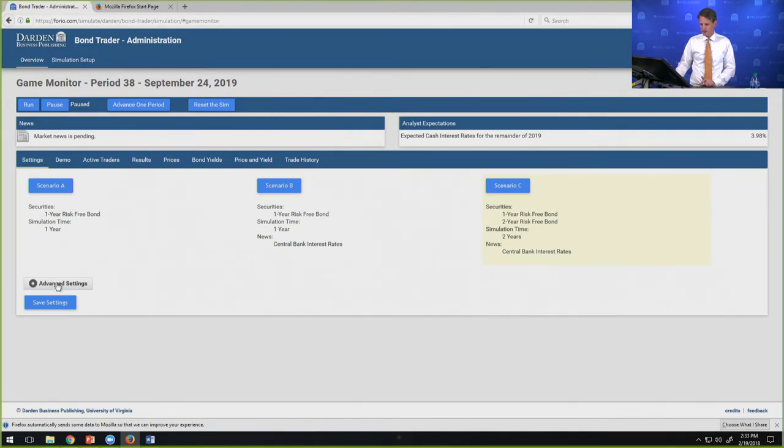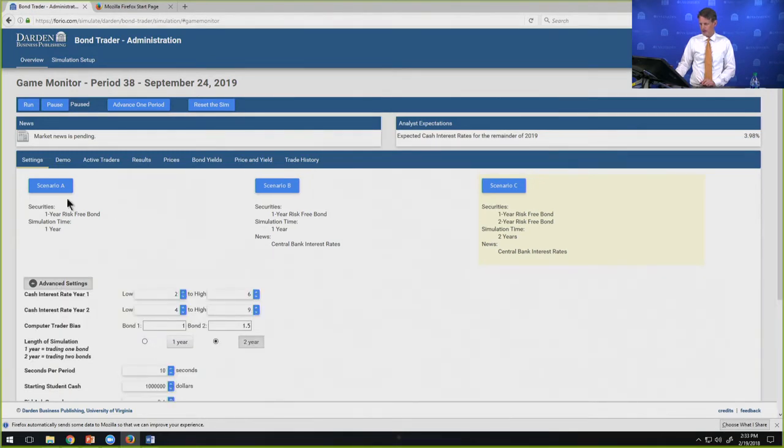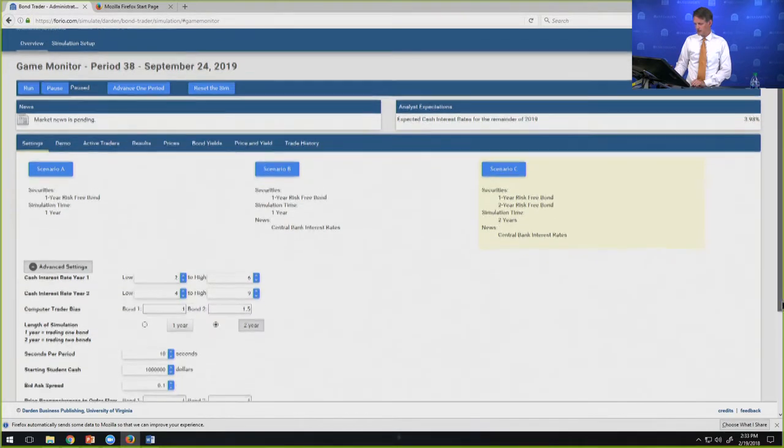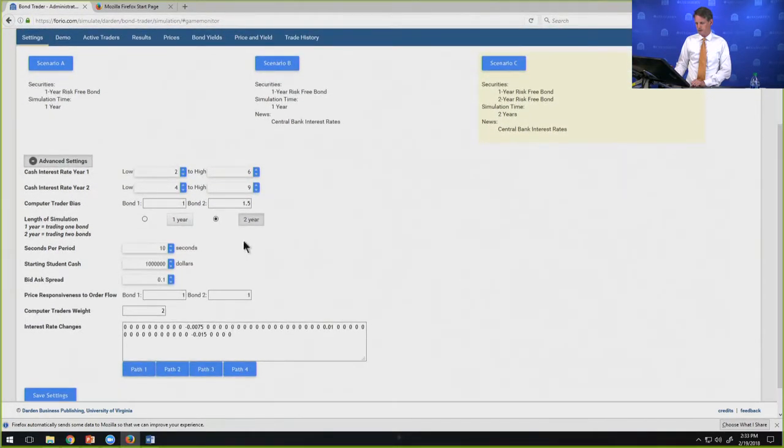Let me just show you a little bit of these advanced settings. The scenarios are all designed as we use them in the Darden first year program, but you can go in and adjust the scenarios to be your own settings. This allows you to set the low and the high, the max and the min on the cash interest rates for year 1 and year 2. There is some computer trader bias, how much you want those swings up and down, whether you want it to be 1 year or 2 years, the time period, the student starting cash amount, the amount of the bid-ask spread, and how responsive you want it to be to the order flow.